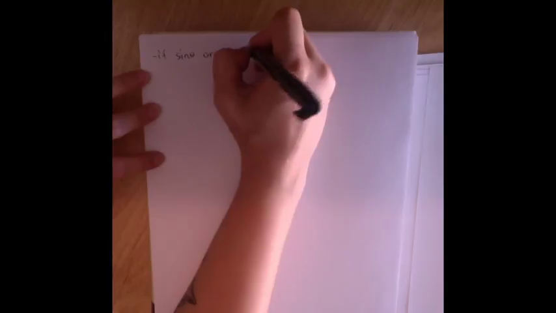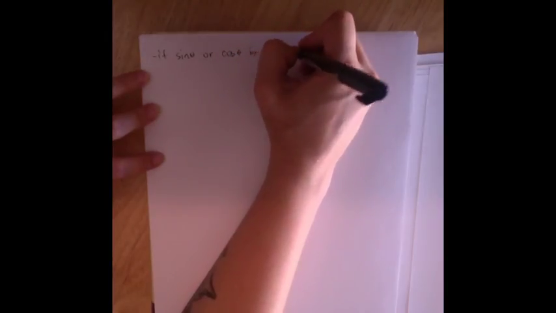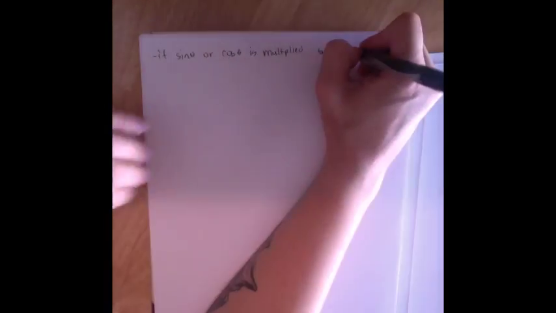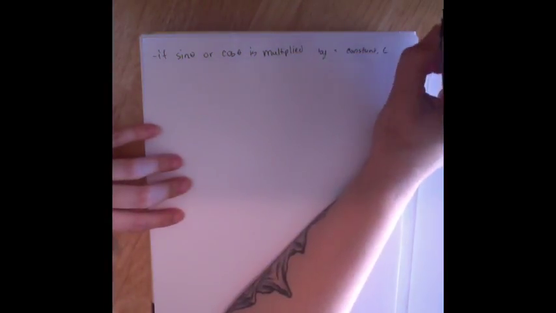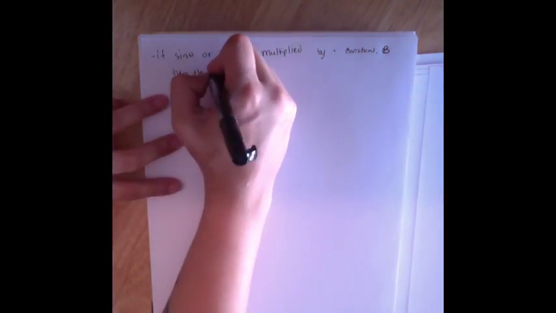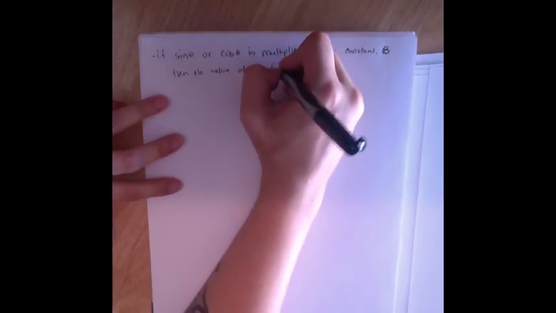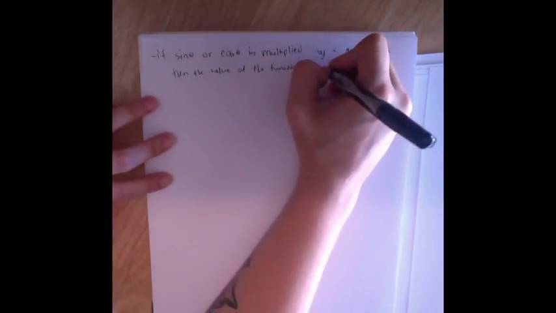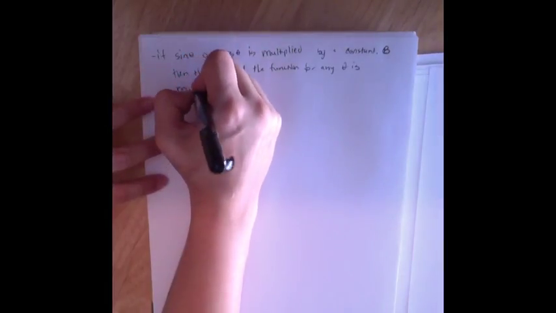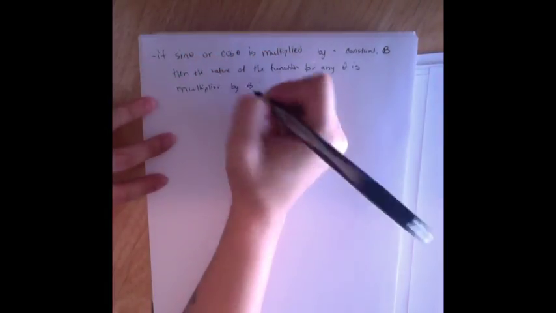So in the graphs of sine and cosine functions, if sine of theta or cosine of theta is multiplied by a constant, actually let's call it B, that's what we'll call it later, B, then the value of the function for any theta is multiplied by B. What does this mean?